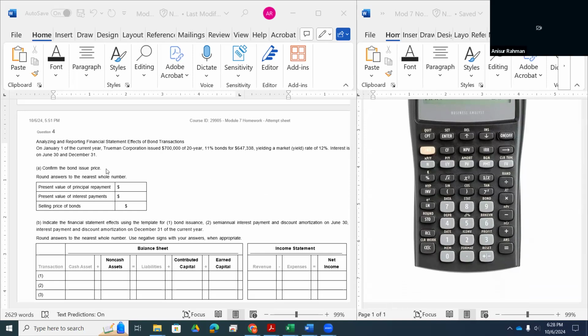In question 4, what we have here is, on January 1 of the current year, Truman Corporation issued $700,000 of 20-year 11% bonds for $647,338, yielding a market yield rate of 12%.